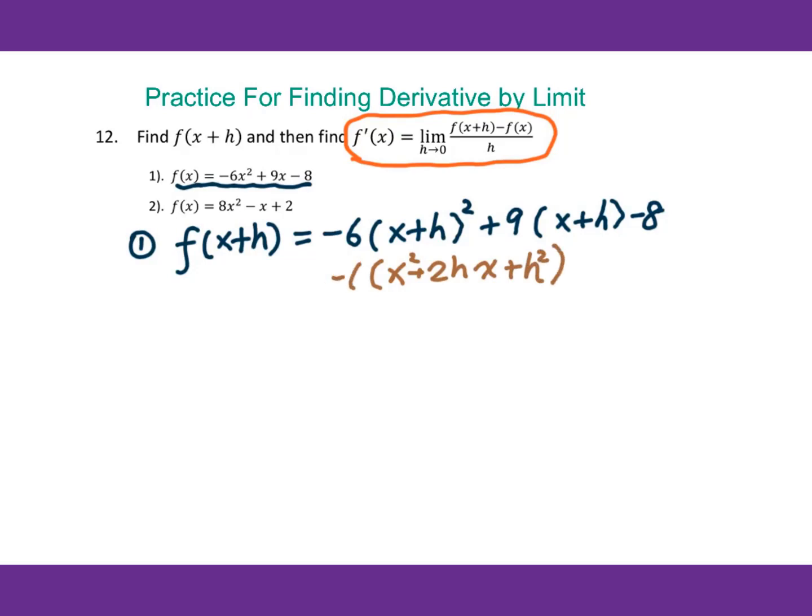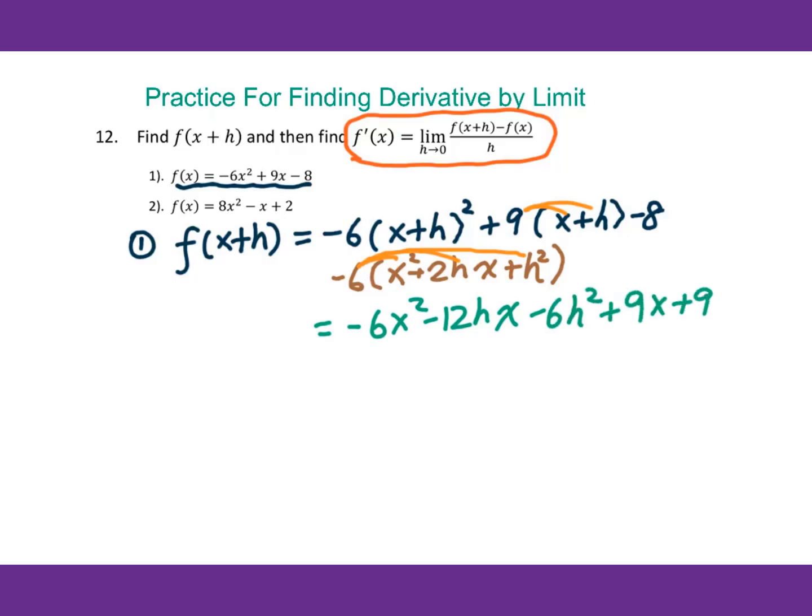Then we bring down this negative 6. We got to do distributive property. Then you got negative 6x squared minus 12hx minus 6h squared plus 9x plus 9h minus 8. No like terms for these expressions.